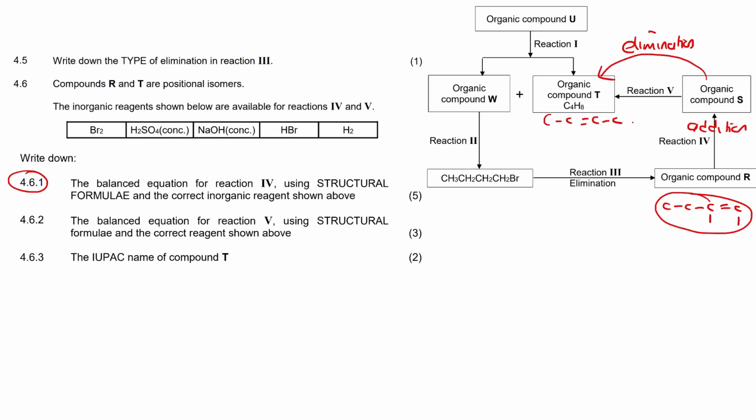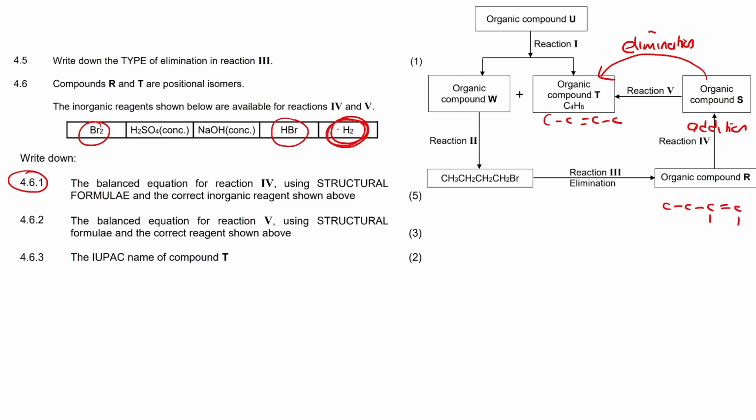Now, you could technically add onto this alkene. You could definitely add Br2, you could add HBr, and you could add hydrogen. So how do we know which one's correct? This question is a little bit weird because it doesn't make it super clear. There is a way we're going to do it, but it definitely could have caught some learners. So let me start by saying why we won't use this one.